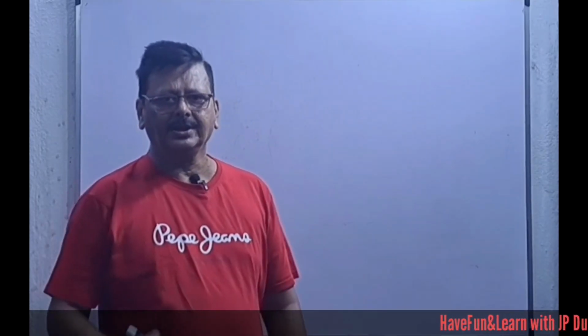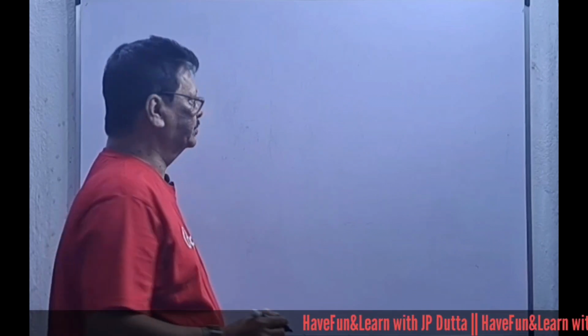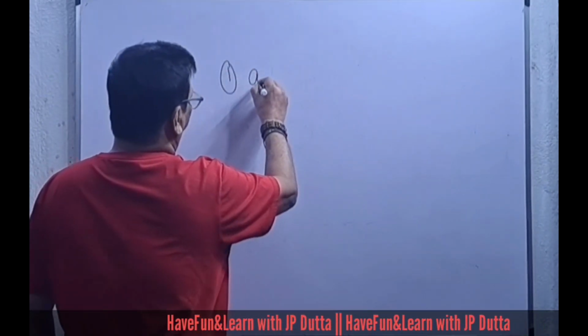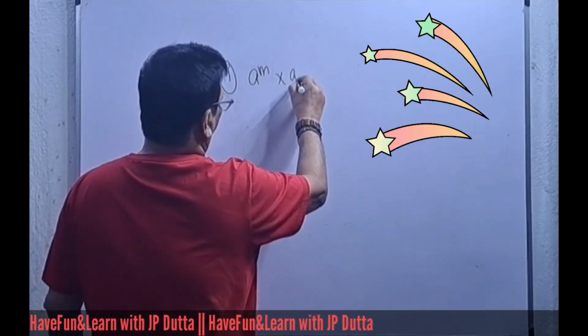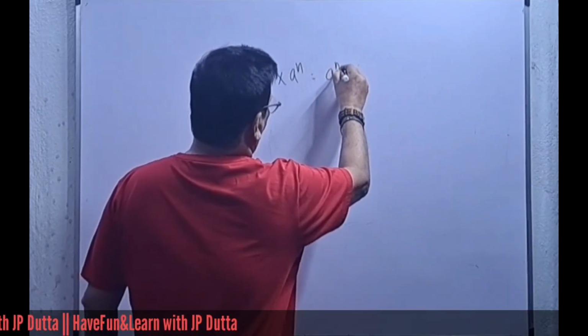So let's move over to our main topic. Going back to the last class, let us review a bit. I gave you 3 rules. Number 1 was a to the power of m multiplied by a to the power of n is equal to a to the power of m plus n.